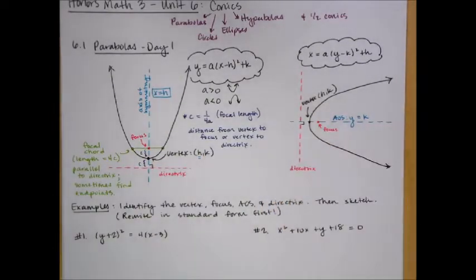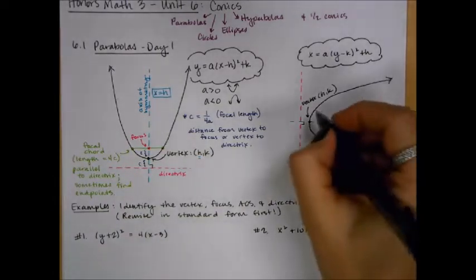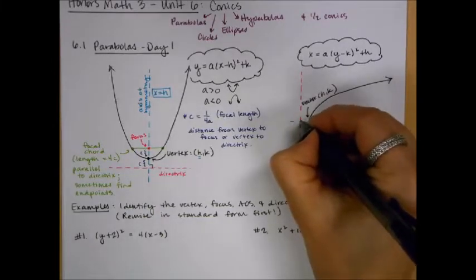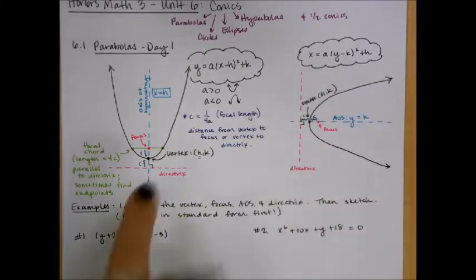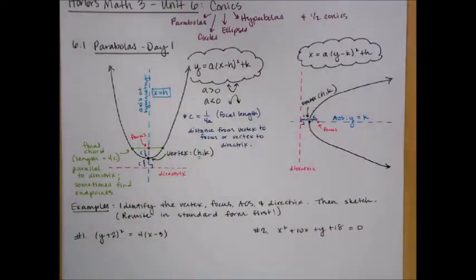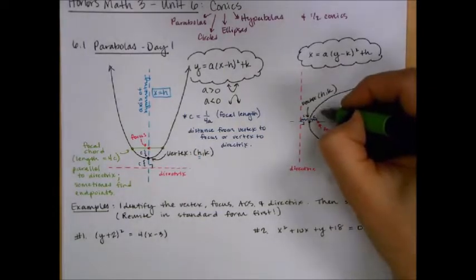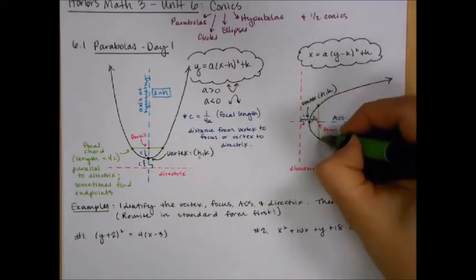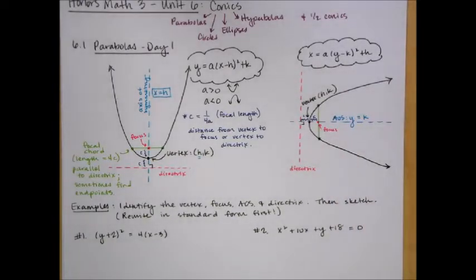And then we still have the distance between the vertex and the focus, c, and vertex and directrix, also c, which is still the focal length given by 1 over 4a. And we can also add in the focal chord here, which is parallel to the directrix and runs through the focus point, has endpoints on the parabola.